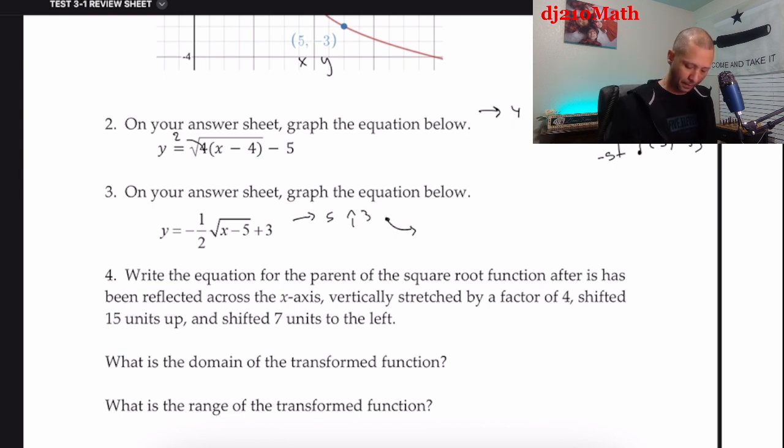All right. So rough sketch. From the origin, we're going to go right 5 and up 3. It's reflected downward, and it's going to be a little skinnier than normal.